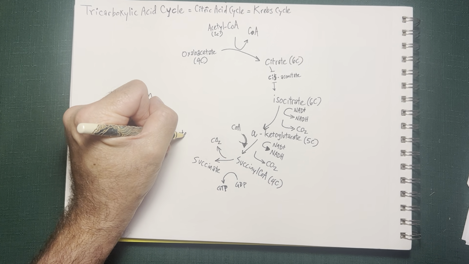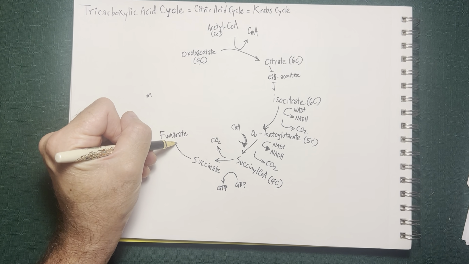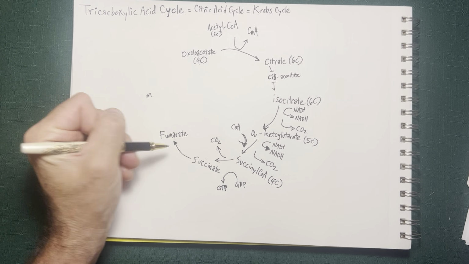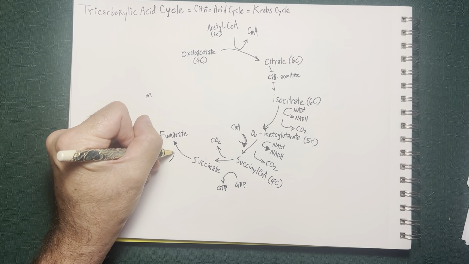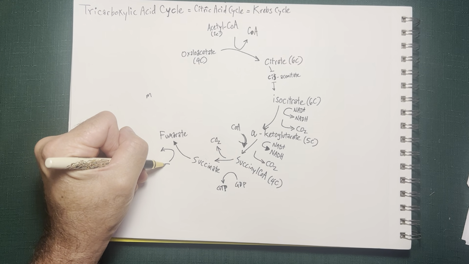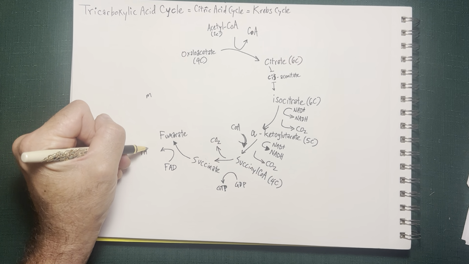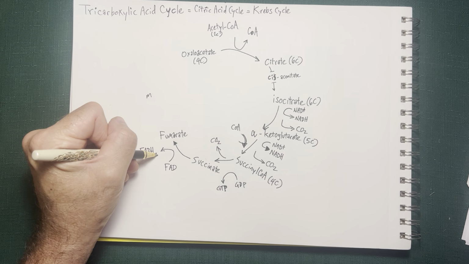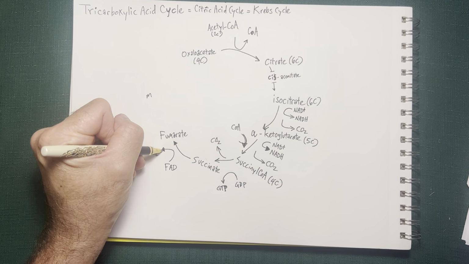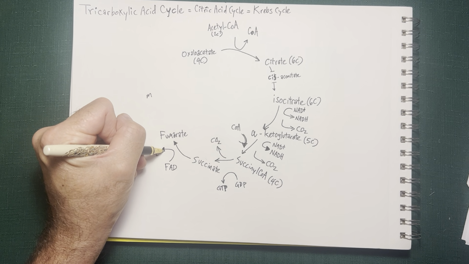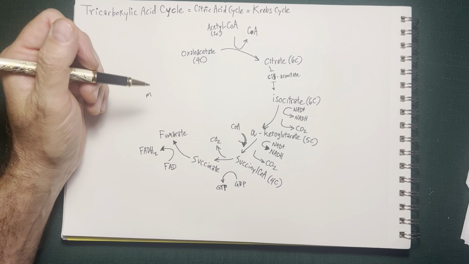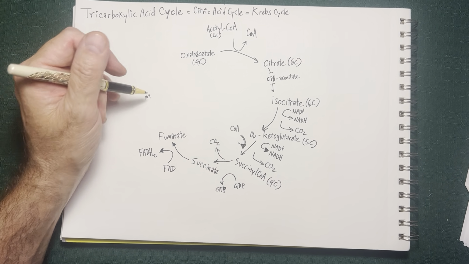Our next step is what I call the F step, because we're going to form fumarate. And as we form fumarate, we're also going to find, this is probably the only place we're going to see this occurring, a second different electron bus, or a third if we include NADPH.